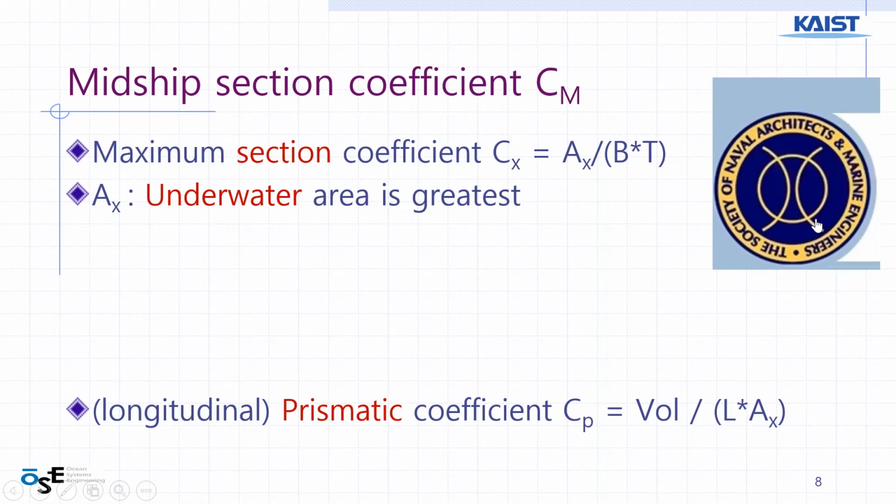This is a typical mark shown on the drawing, and it is also the symbol of the Society of Naval Architecture in the United States. They adopted the midsection symbol as the society symbol.